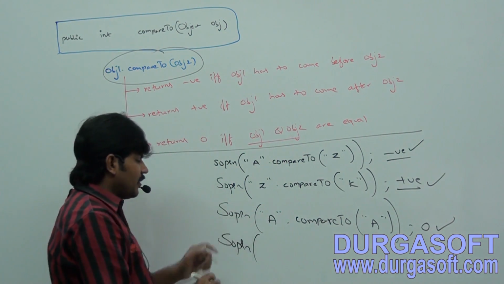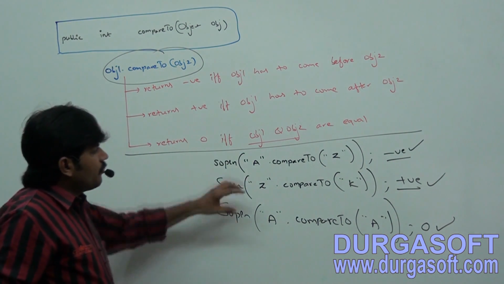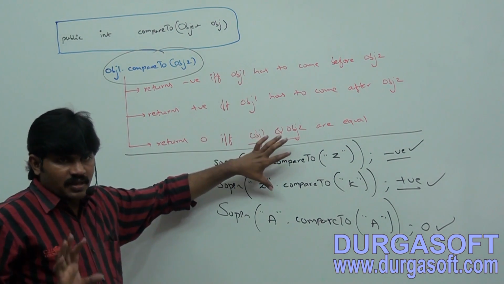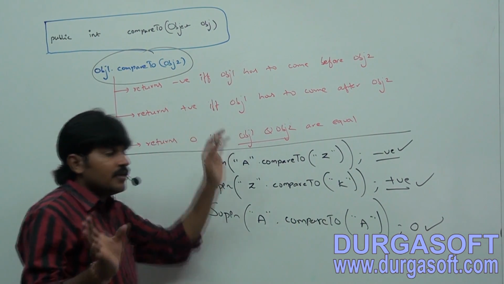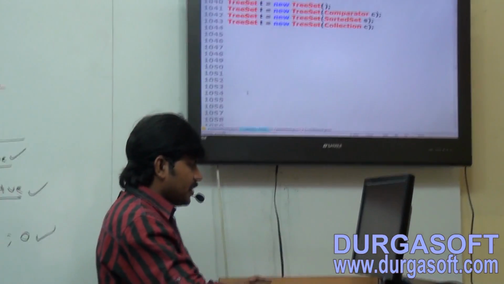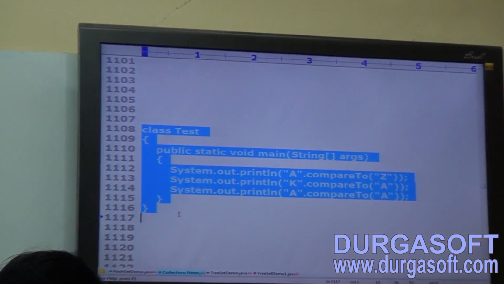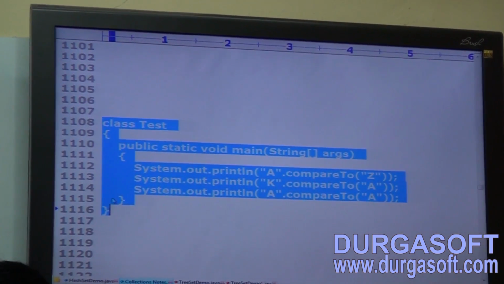Clear? Next, one more SOP I will add. Have you observed with the example that the CompareTo method behavior is clear? Now observe this one, sir. Let me take one simple example, the same example.